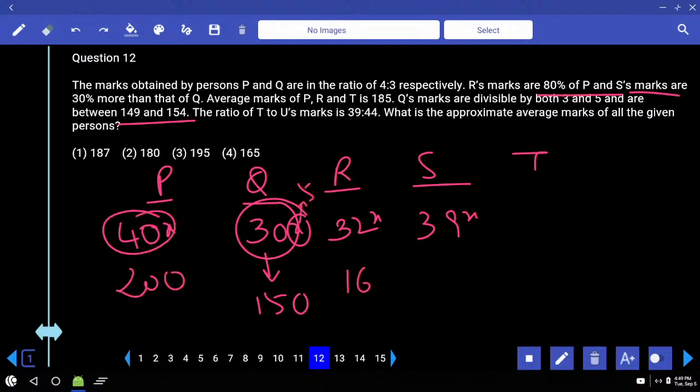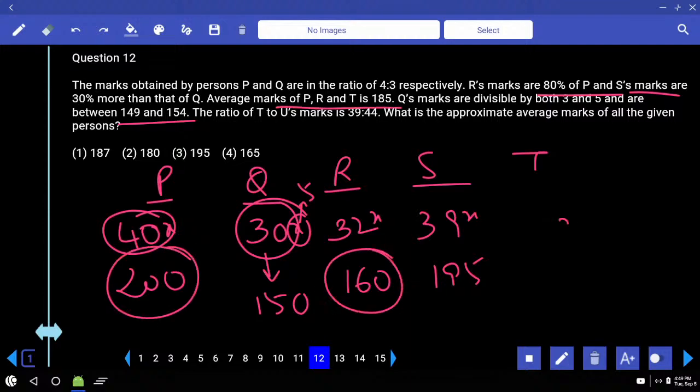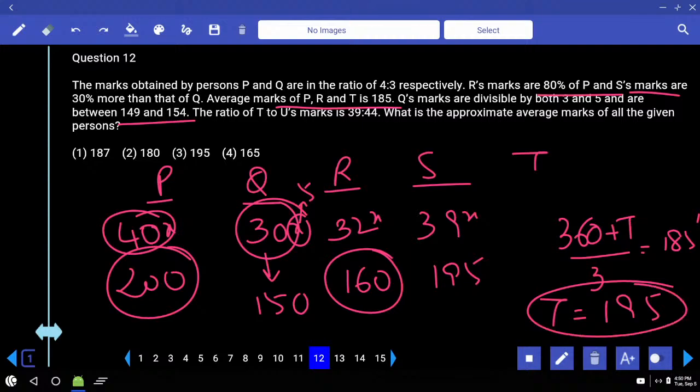This will be 160. This will be 195, isn't it? And the average of P, R, T: 200 plus 160, that is 360, plus T, by 3 equal to 185, isn't it? 555, T is equal to 195.